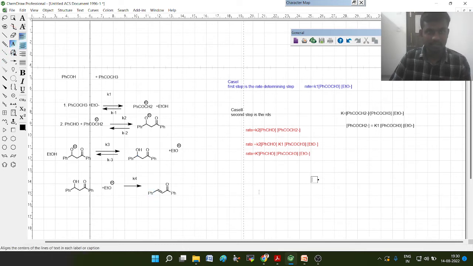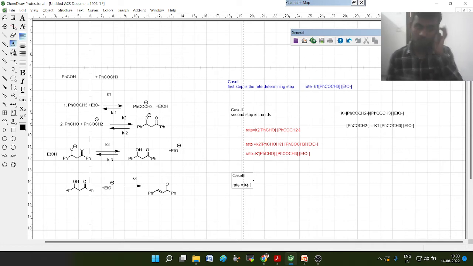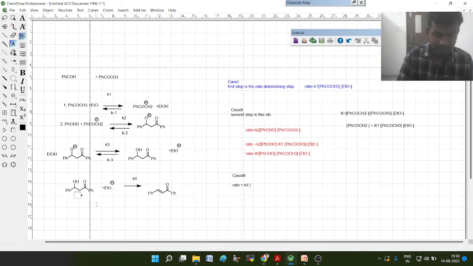Now we'll consider another case, case 3. This time it becomes a little lengthy and big, but anyway I will try to show it. Please stay with me. The rate will be rate constant k4 into the concentration of this intermediate. Let me label it I, in bold.